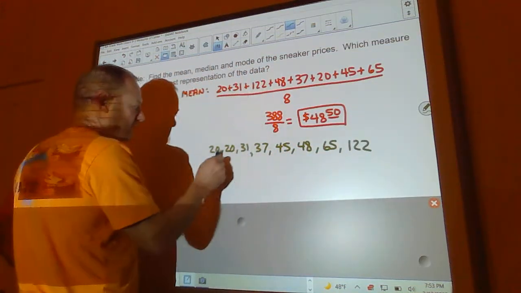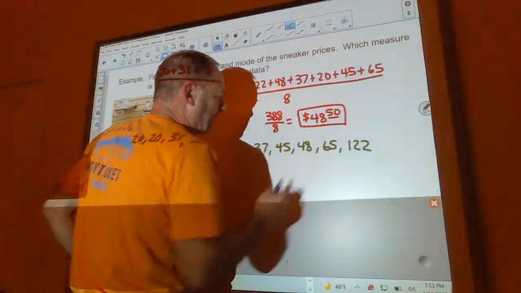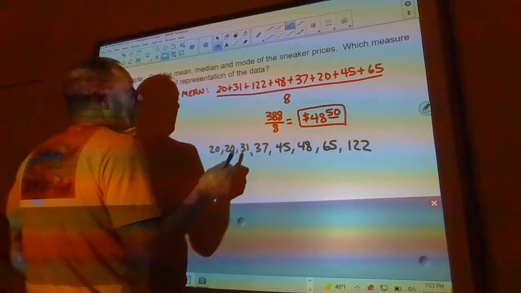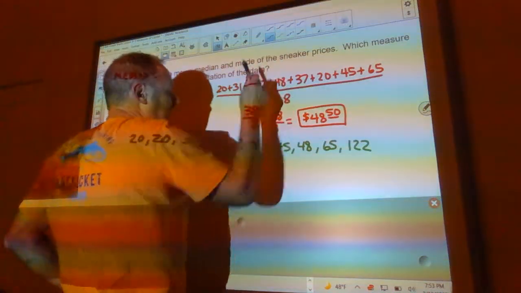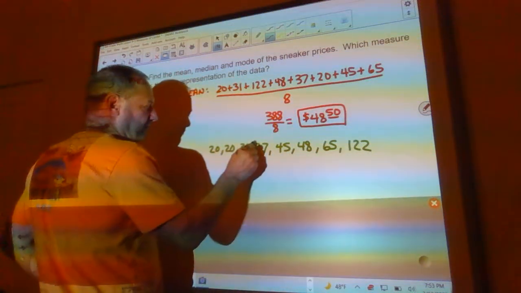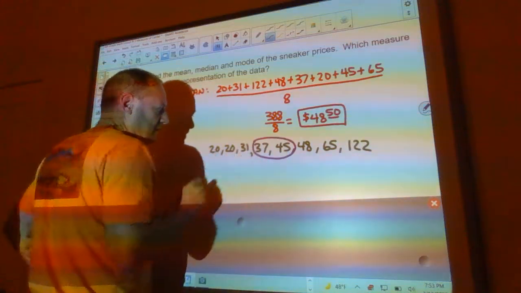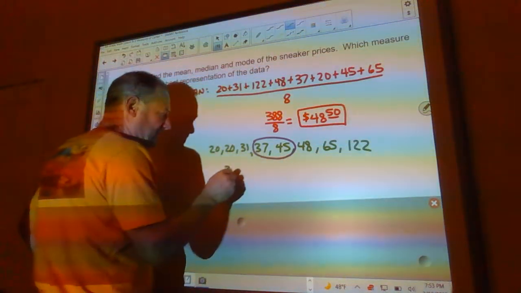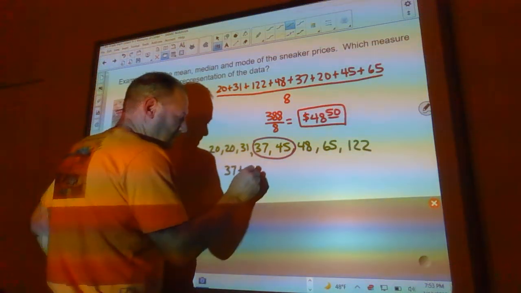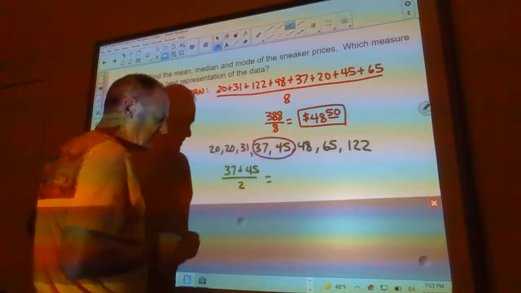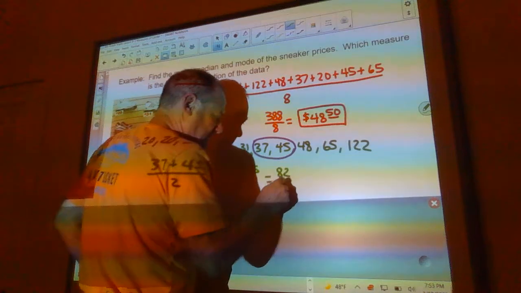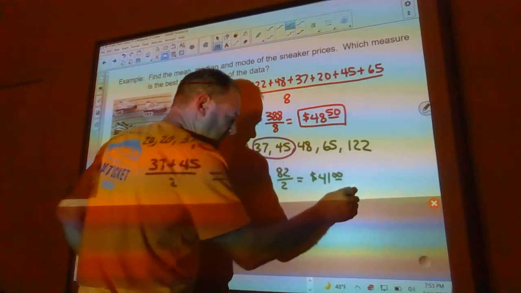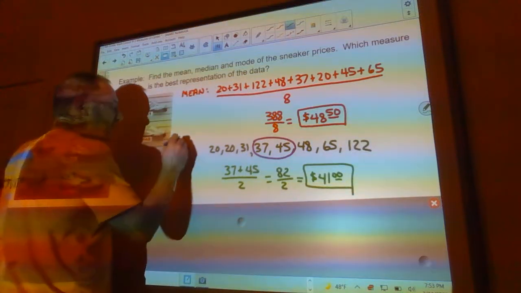Is that all? 8? 1, 2, 3, 4, 5, 6, 7, 8. Okay, so got them all. Since there's 8 of them, the middle is going to be between numbers 4 and 5. So I'm going to take those two numbers, add them together and divide by 2. So that's going to be 82 divided by 2, which is $41. So there's my median.